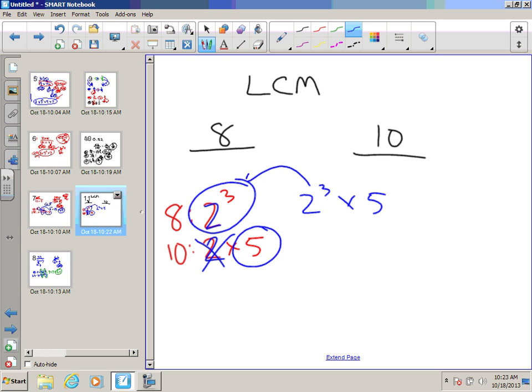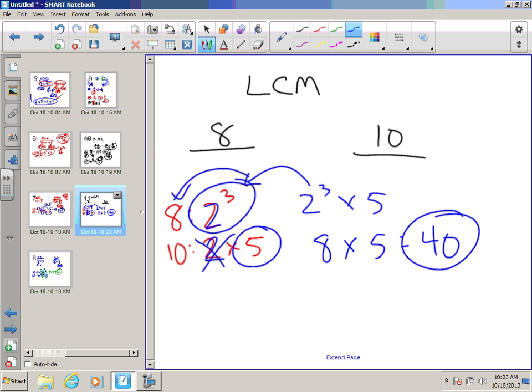What did we just say 2 to the 3rd power was? 8 times 5, our LCM, is 40. 80 would be a common multiple, just wouldn't be the least common multiple.